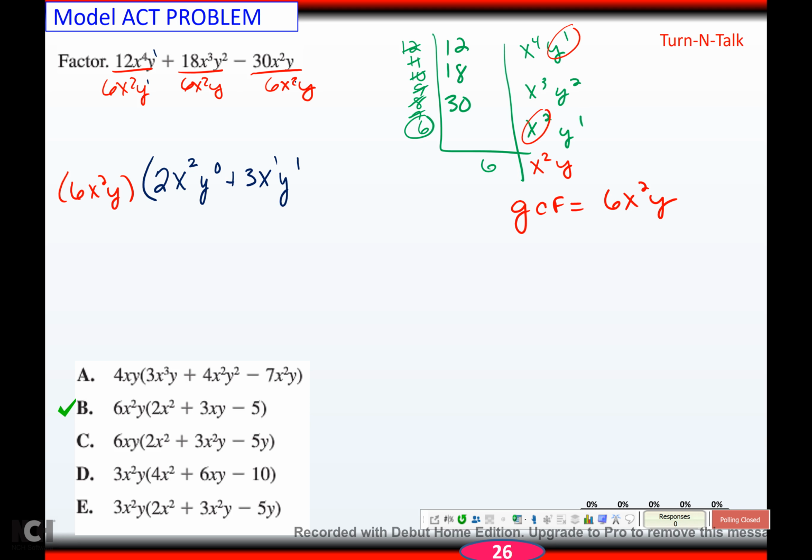And negative 30 divided by 6 is negative 5. I hate it when it does that. Negative 5, x to the 2 minus 2 is 0, y to the 1 minus 1 is 0. And that's my answer, except they don't write anything to the 0 degree, because anything to the 0 degree is 1. So I would have 6x squared y times 2x squared plus 3xy minus 5. And there you go.